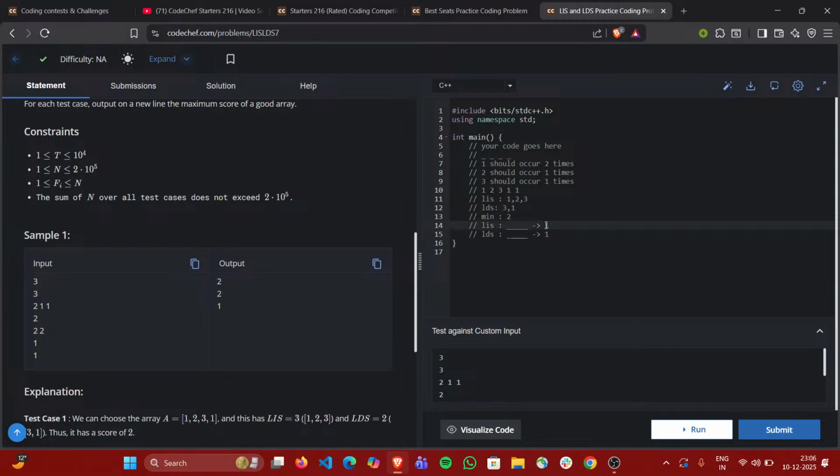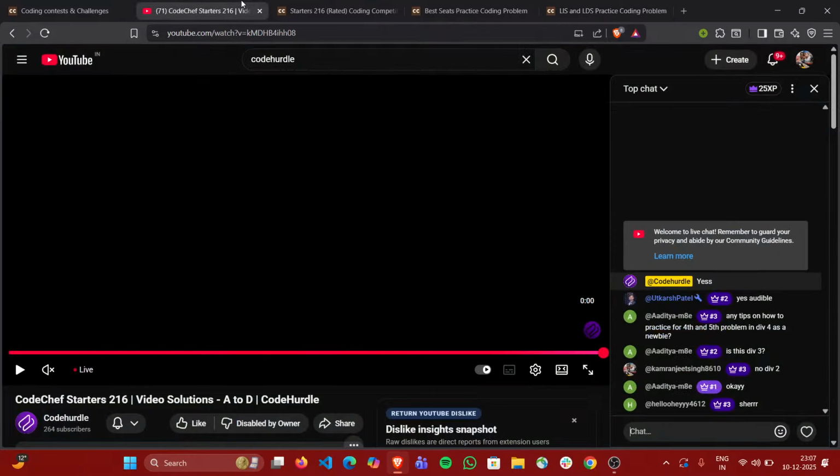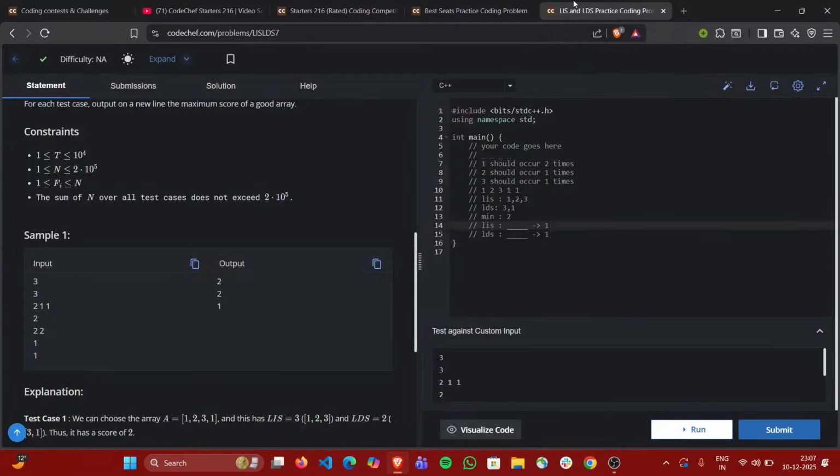So basically, if my frequency is greater than or equal to 2, I can assign it to both LIS and LDS. And if my frequency is equal to 1, I can assign it only to one side, right?